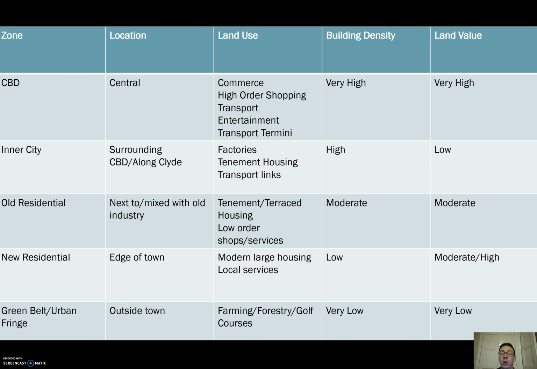As you move on from this point, you enter various areas of primarily residential land. In this diagram, I've referred to old and new residential areas. Sometimes you would see old residential areas, and then the suburbs would replace new residential, but these terms are fairly interchangeable.